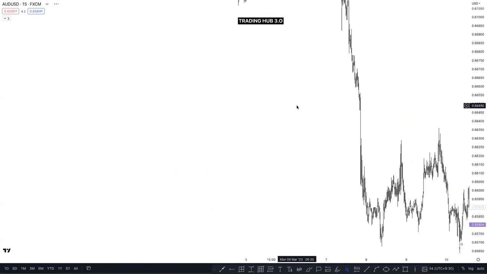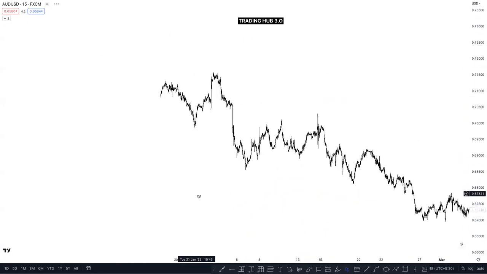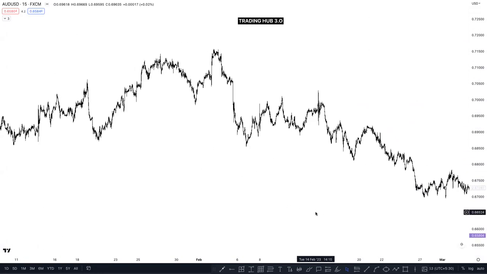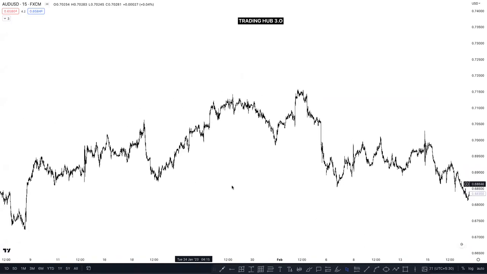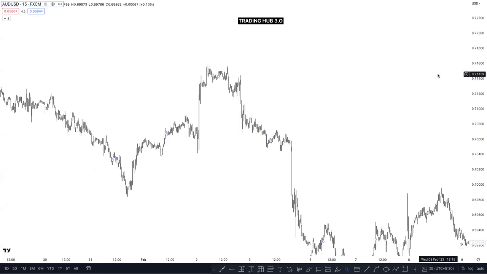So first of all, you have to mark the valid structure. Okay. So let's start from the top of the structure to the bottom of the structure, and then I will show you exactly how you can identify the possible trend. So this is our last structure, correct?